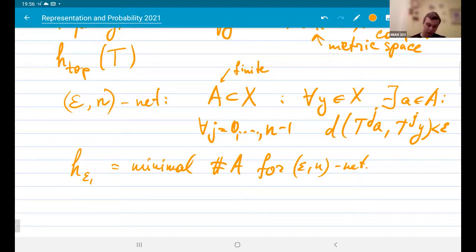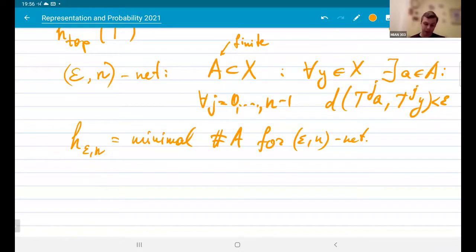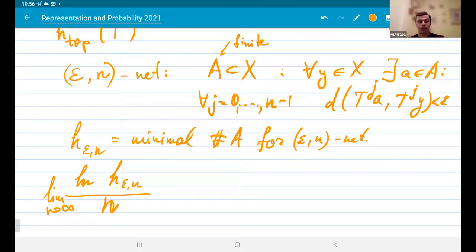Then I just take the logarithm of h(epsilon, n) divided by n, and take the limit as n goes to infinity, and then take the limit as epsilon goes to 0, to plus 0. And this is the topological entropy of T.